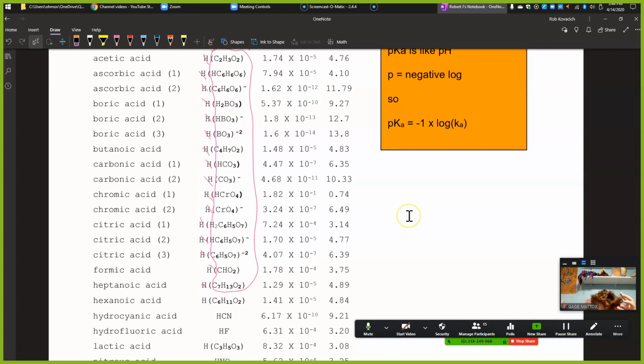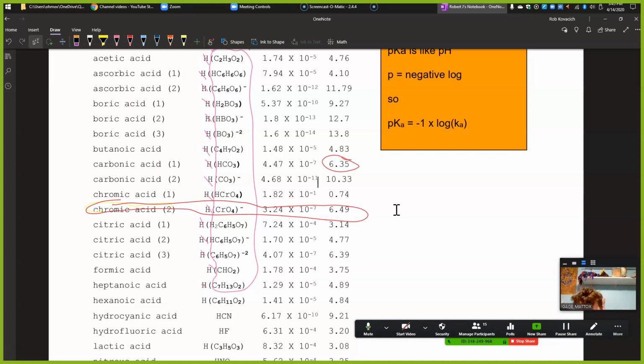No. Anybody tell me why? Because she's picking this one that's close to 7, but it's chromic acid 2. It's got to be a 1. Okay. Or no, it's not citric acid. Carbonic acid.